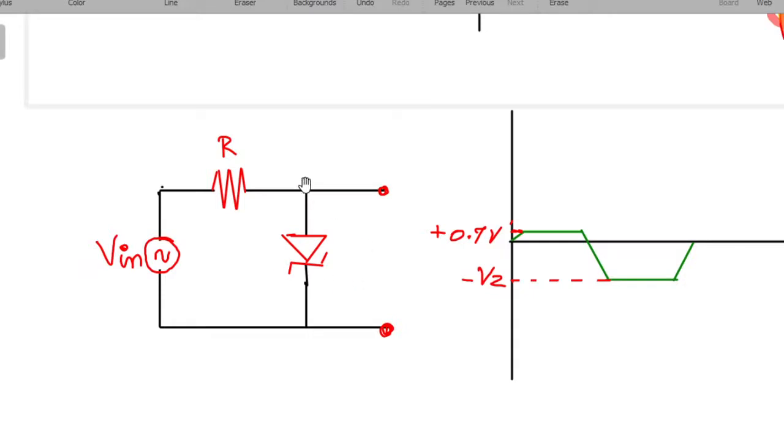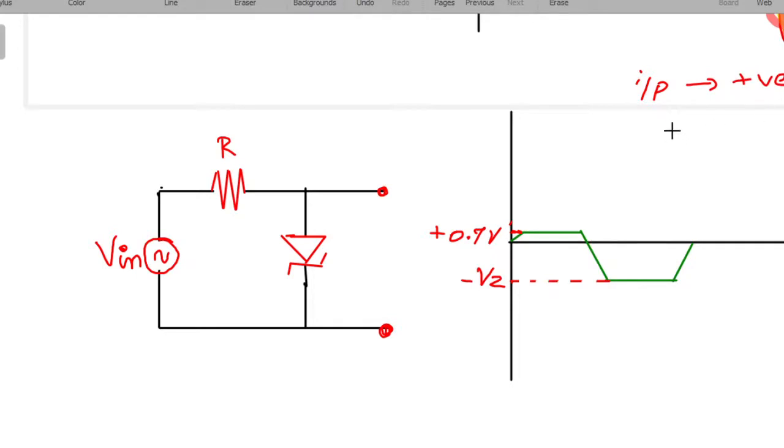Now if we reverse the polarity of the Zener diode, then during the positive half cycle of the input it gets forward biased, so it gives plus 0.7 volts.